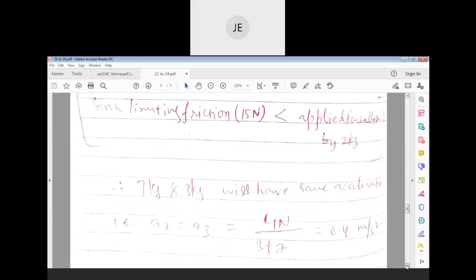That acceleration A2 is equal to A3 is equal to net force 4 Newton by total mass, 4 by 10, is equal to 0.4.